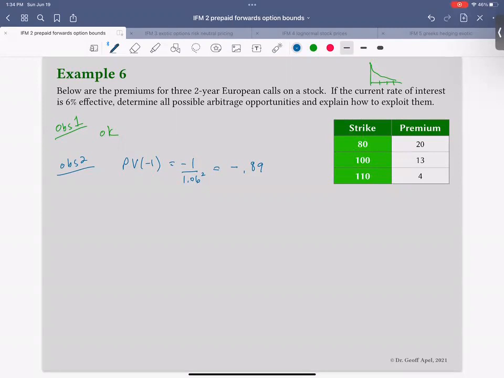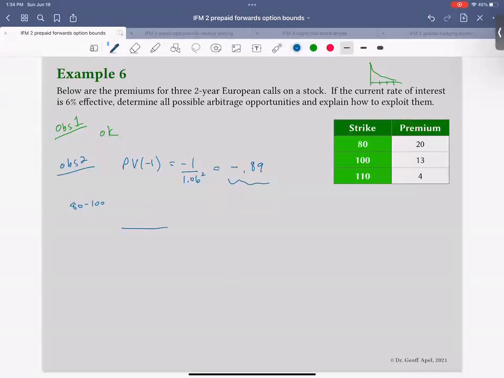Okay, so there's the observation. The slopes between any two of the calls, and I've actually got 3 pairs to consider, always have to be greater than this number. If they're ever worse than that, more steep, then that's bad. So let's do the 80 and 100 and take the slope through those two.